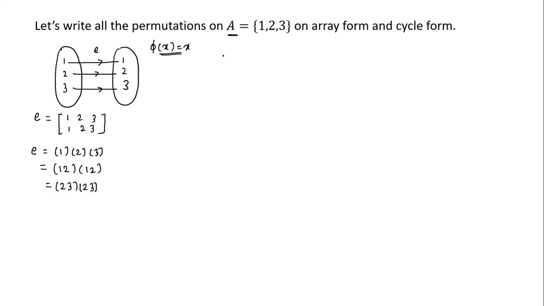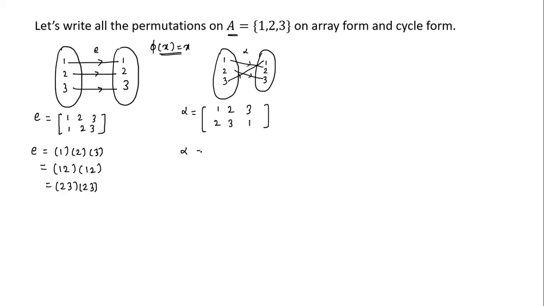Now after this we had 1, 2, 3 going to 2, 3, 1. 1 is mapped to 2, 2 to 3 and 3 to 1. So in array form, let us represent this by alpha, which is 1, 2, 3 over 2, 3, 1. And in cycle form it will be (1 2 3), right? Let me write the next permutation.